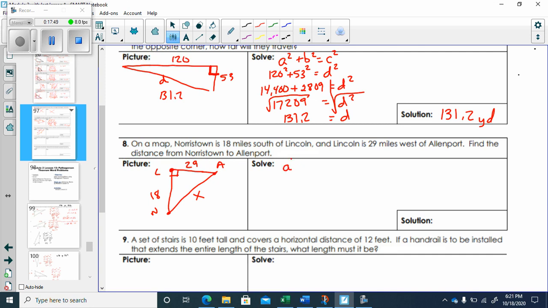We're using Pythagorean theorem. A squared plus b squared is equal to c squared. X is across from that. That is your c. Okay? A and b. 18 squared plus 29 squared is x squared. Okay? 18 squared. 324.